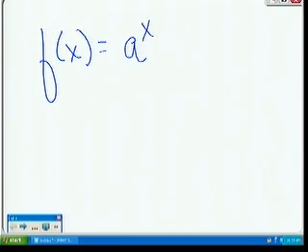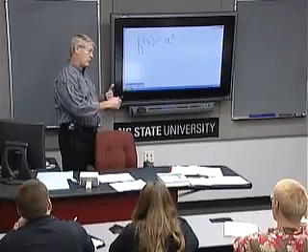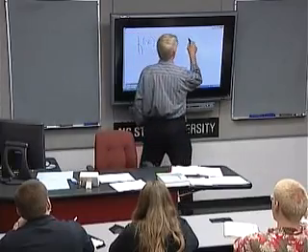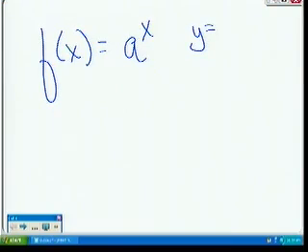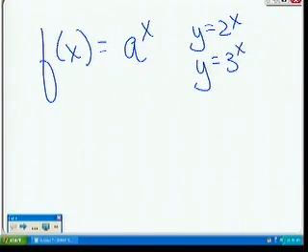If we have a function a to the x where a is a number, 2 to the x, 3 to the x, and eventually, before the class is over today, I'd like for us to get e to the x, which is a number between 2 and 3. So we're talking about y equals 2 to the x, y equals 3 to the x, and then eventually y equals e to the x.